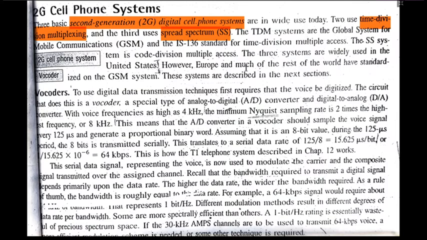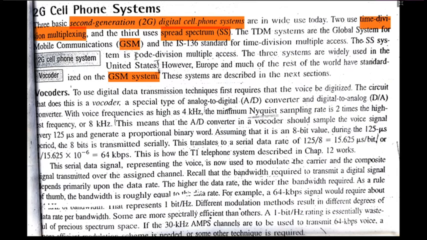Europe and the majority of the world are always working with the GSM system or the time divisional multiplexing system, but the US is using both variants, that is GSM as well as the coded technology or the SS.